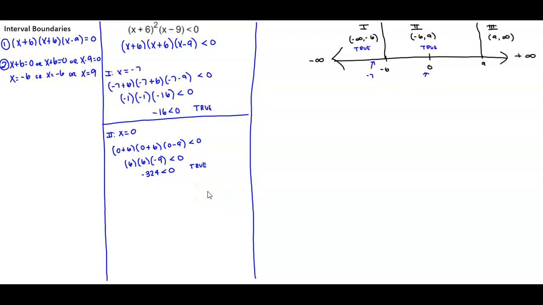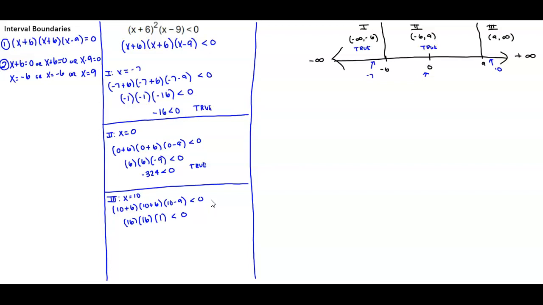Next, we're going to take a look at region number 3. Picking a value in region number 3, we can pick 10. So x equals 10. We have 10 plus 6 times 10 plus 6 times 10 minus 9, and we want to see if that's less than 0. 10 plus 6 is 16, 10 plus 6 is 16, and 10 minus 9 is 1.